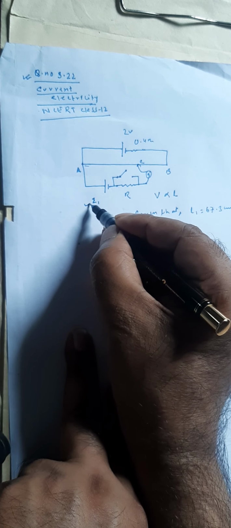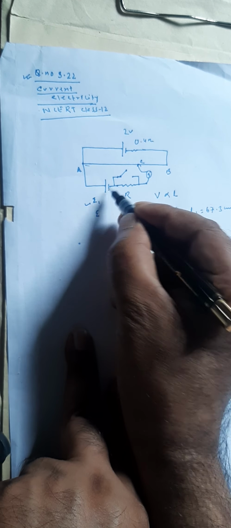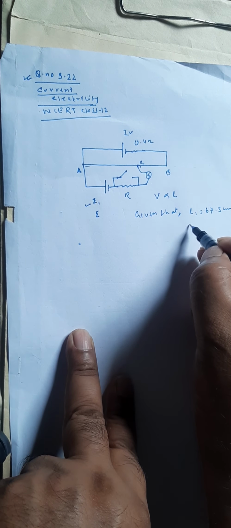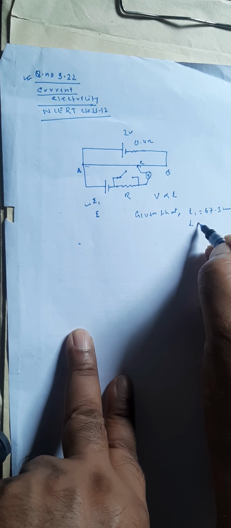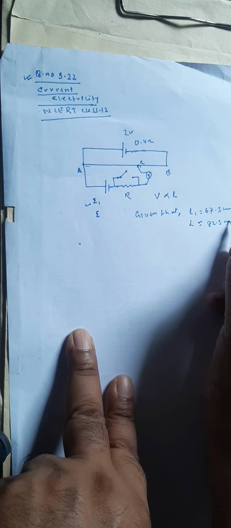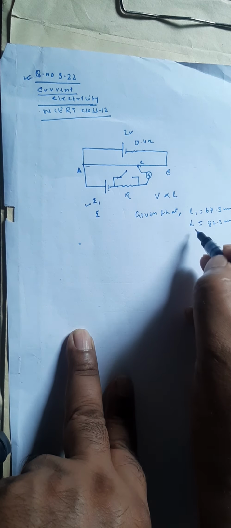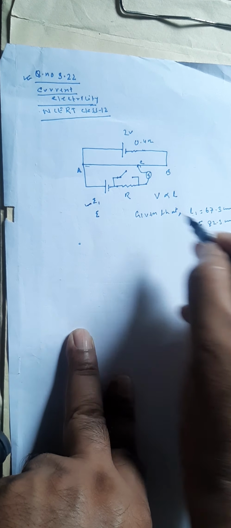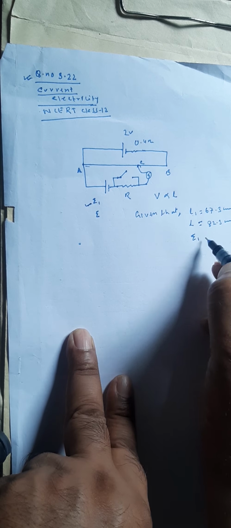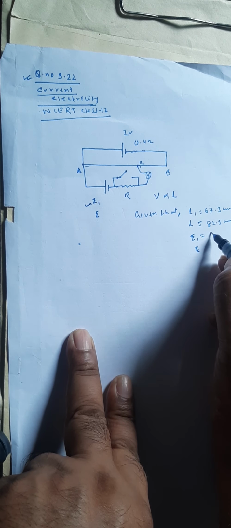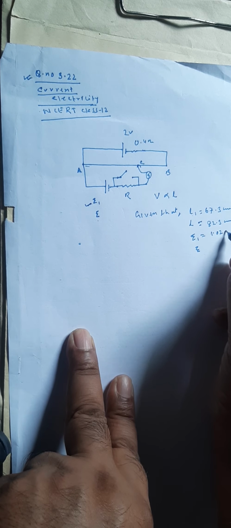When the cell of EMF E is placed here, the next balancing length L is equal to 82.3 centimeter. The initial EMF E1 is already given, 1.02 volt.